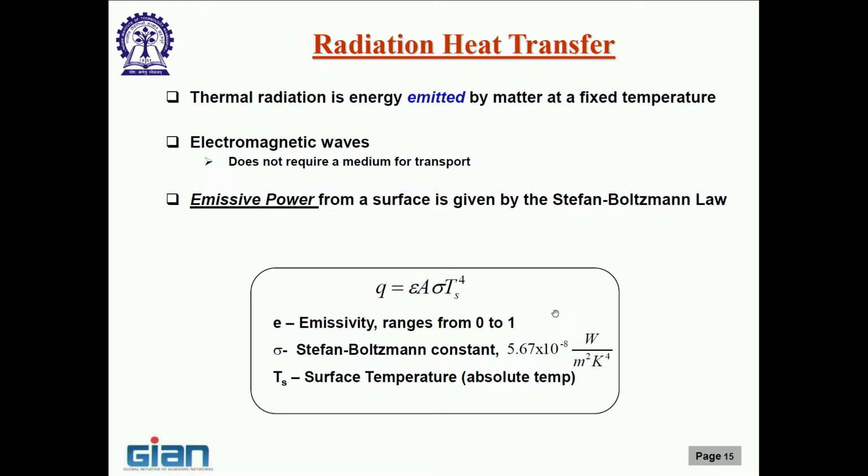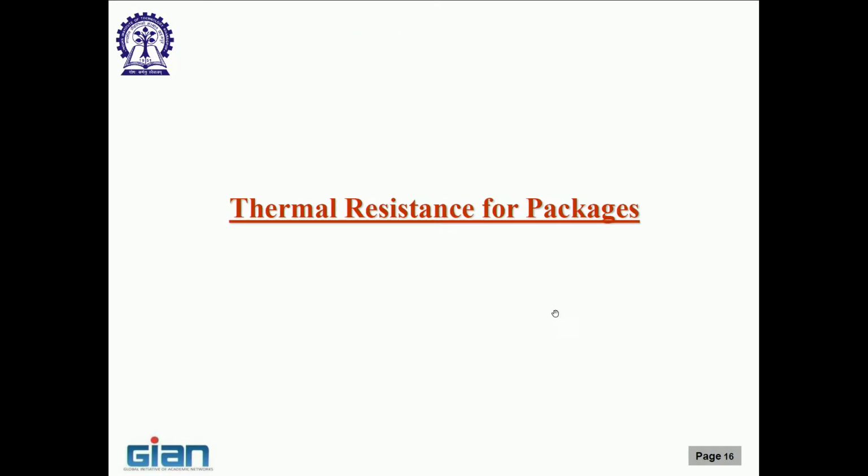We have to have that judgment as to when to consider, when to neglect. Okay. All right. So, that is a brush up of some of the fundamentals, the modes of heat transfer, how do we calculate heat transfer coefficients, rate of heat transfer, and so on. Any questions so far?